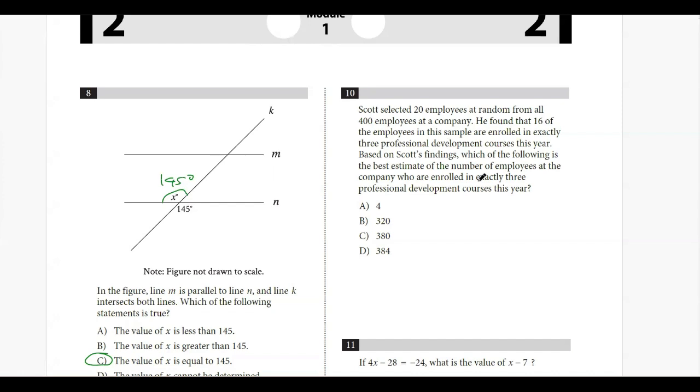All I've got to do is 16 over 20 times 400, which is equal to 320. So B as in boy is the correct answer.